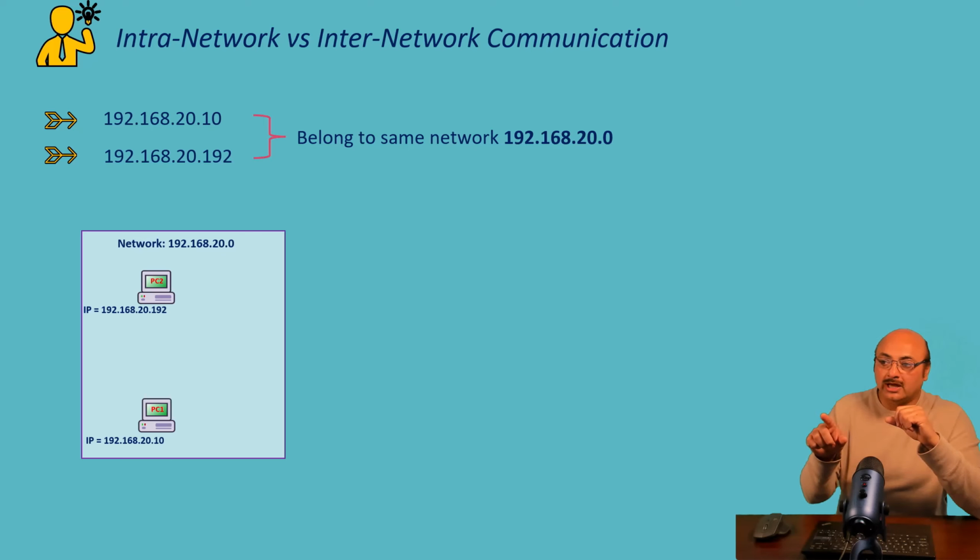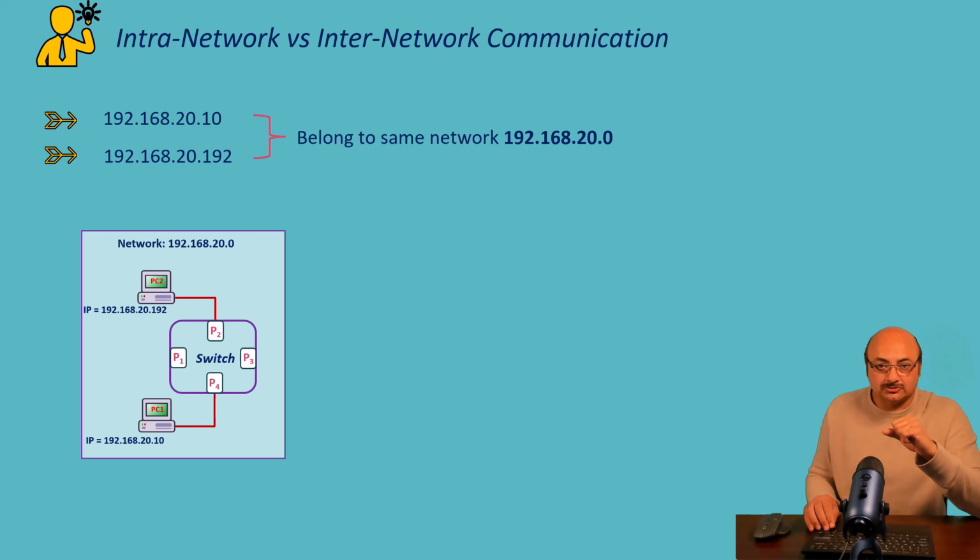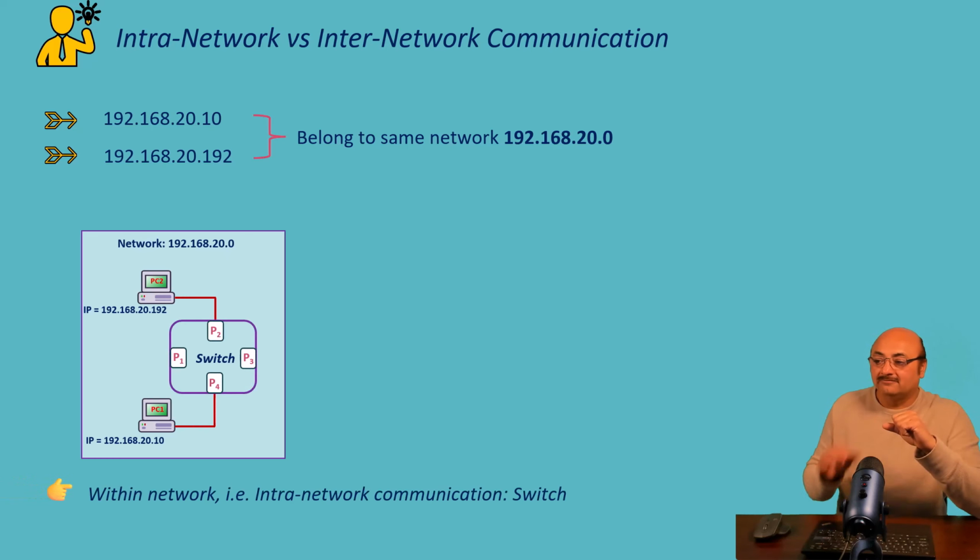Pay attention to their IP addresses: 192.168.20.192 and 192.168.20.10. Same network, 192.168.20.0. If they have to communicate with each other, they are within the same network and they can communicate with each other using a layer 2 switch. So remember, within network is intra-network communication and the device to use for communication is a switch.